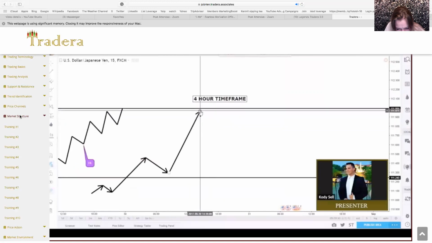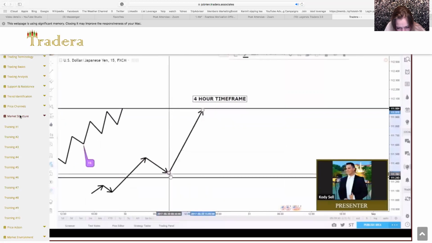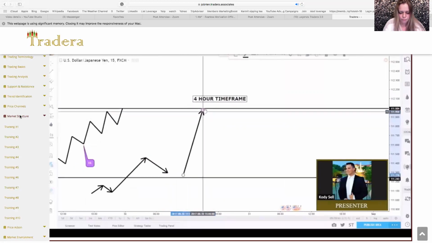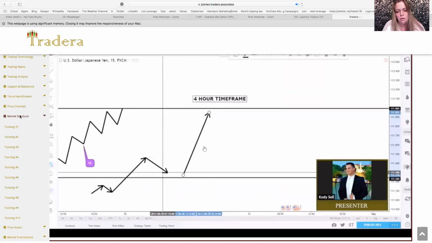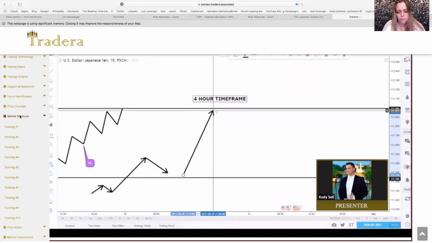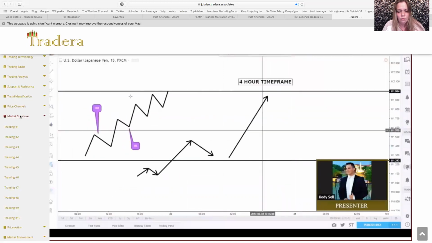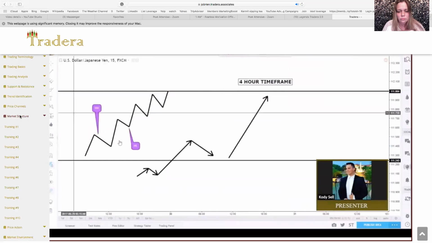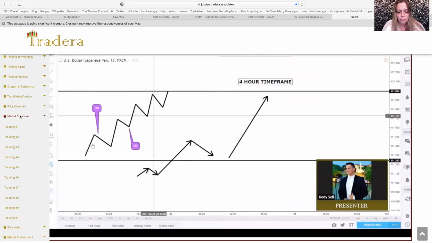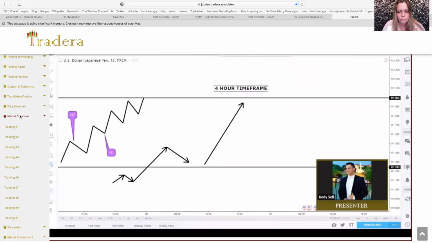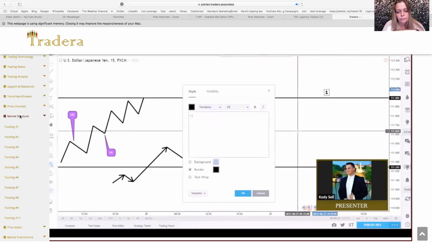Well, this move right here, so I'm going to isolate this bullish move on this 4-hour time frame away from the rest of the structure, and I want to ask you guys, what should this move look like on a lower time frame? If you guys said that it should look like this over here, you would be correct, right? So I'm going to go ahead and write 1-hour time frame over here.